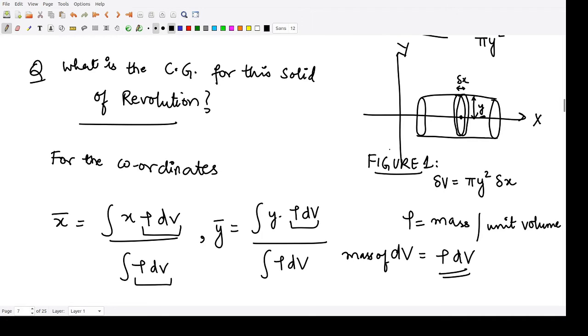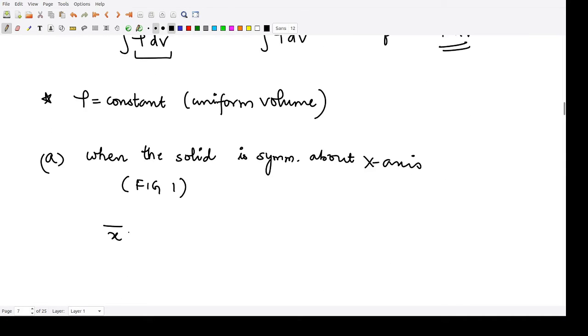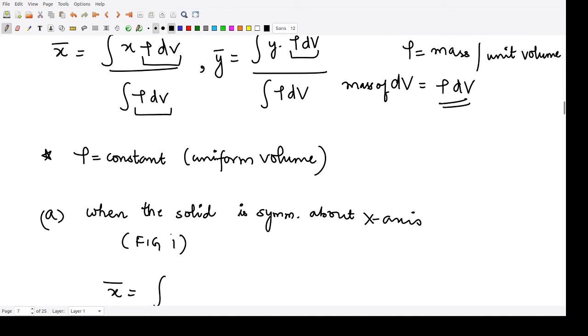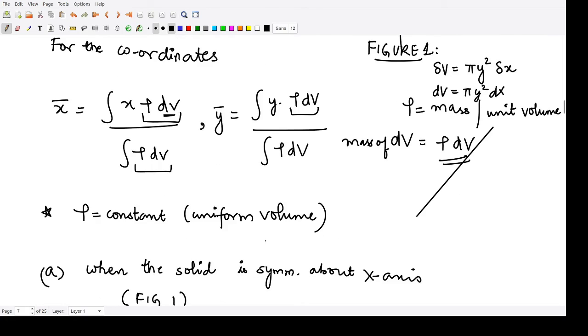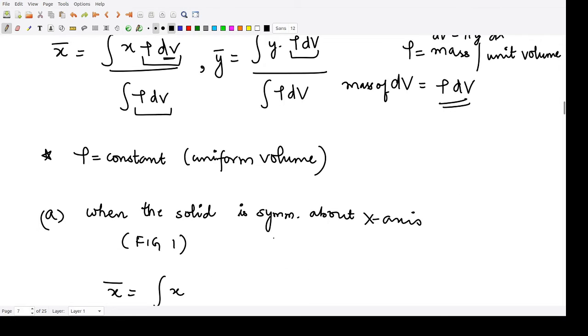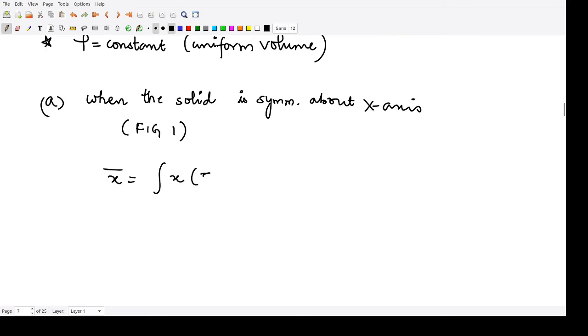Therefore here the coordinate x bar would be integration of x as such, the value of rho is 1, and what is the value of dv? dv becomes pi y square dx. So we have x bar equals integration of x pi y square dx divided by integration of pi y square dx.